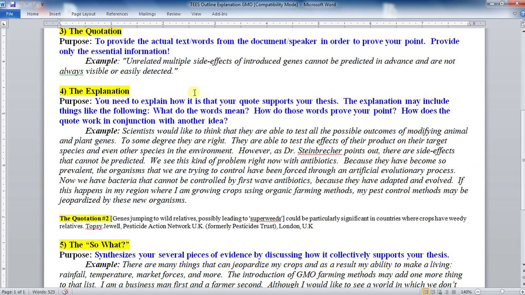Okay? So again, I'm really responding to explain specifically what the quote means, as well as how those words prove your point. Okay? That's an effective explanation.